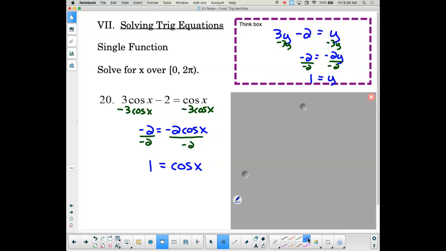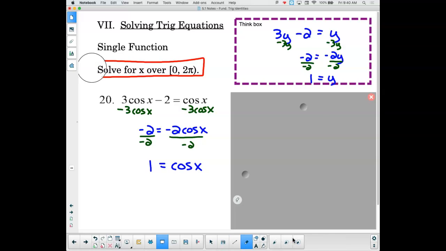Now, here's where that part right there comes into play.